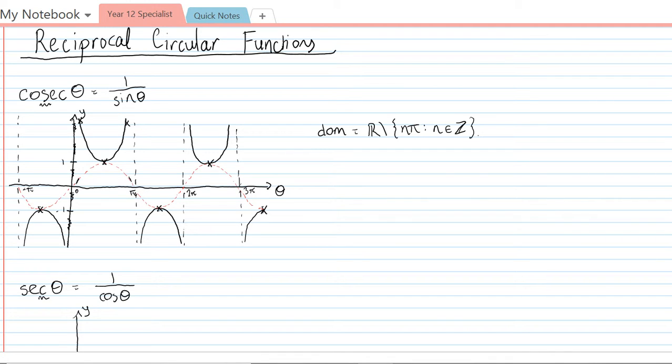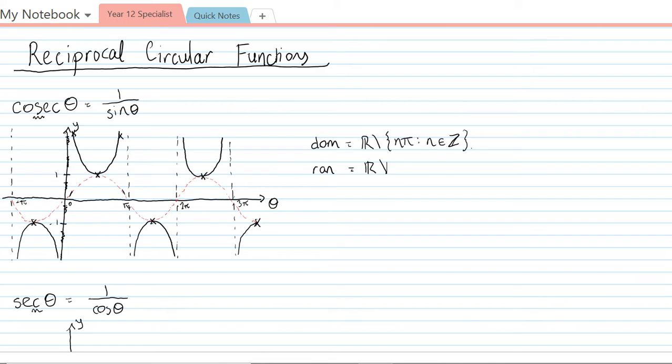As for the range, well, we can see that it includes all the numbers except for values between -1 and +1. And so what we can say is that the range of this is all real numbers excluding the interval of -1 to 1.